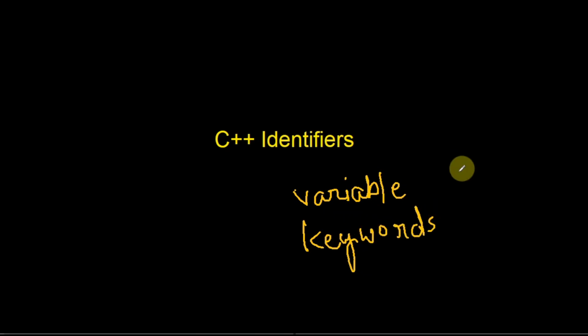The variable names are names that are user defined, and the keywords are those words that are reserved by the compiler. We will learn more about this in upcoming slides. After completing this video, you should be able to identify the variables and keywords.